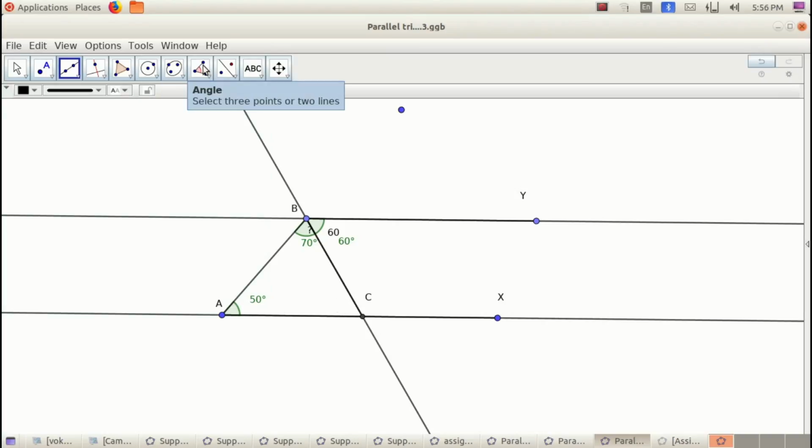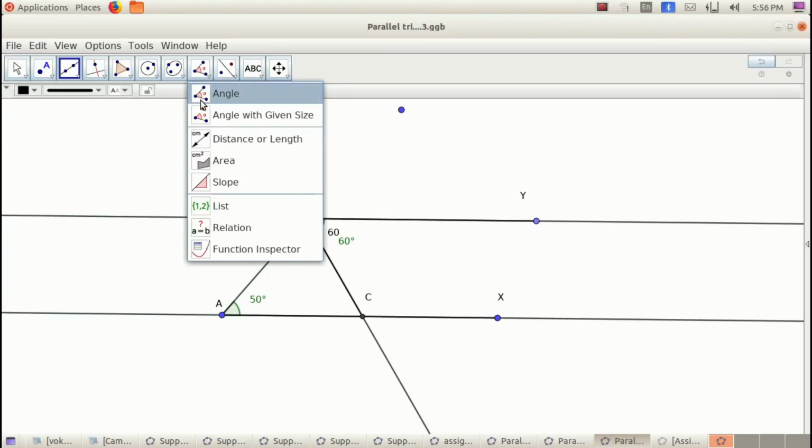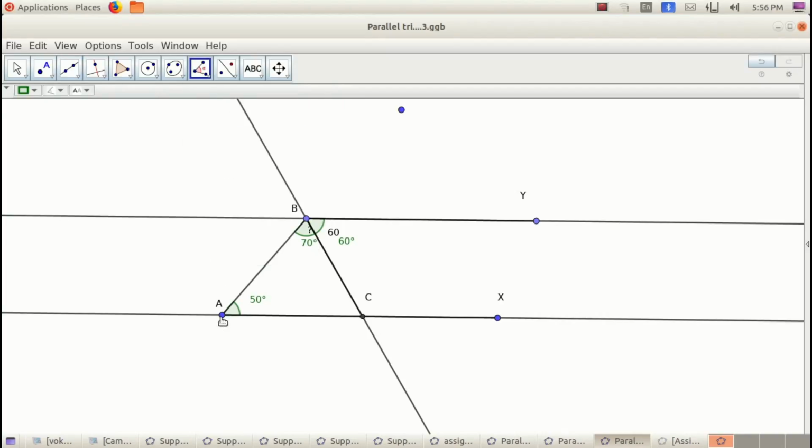Then we can measure it again with the angle tool, clockwise direction. I made a mistake in the clicking direction. Now it is 60. Here it is 60 and here it is compulsorily 60.